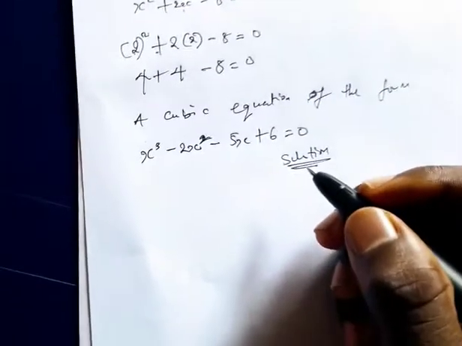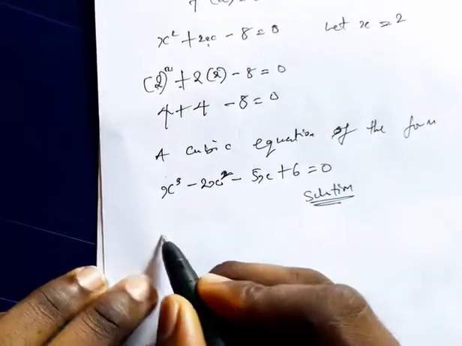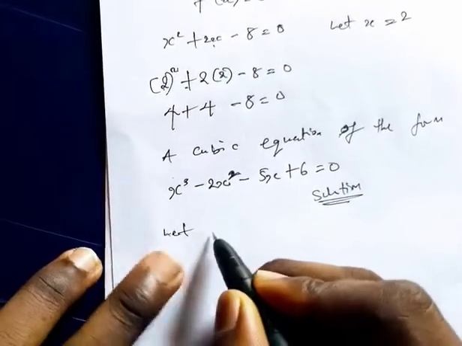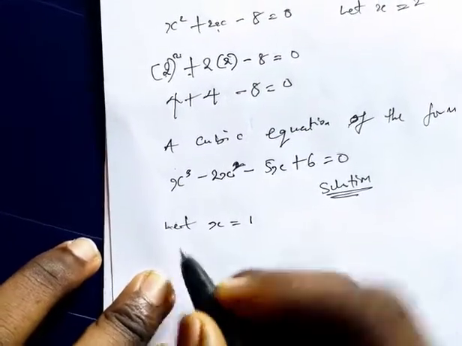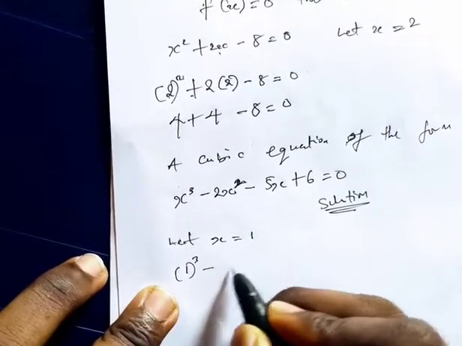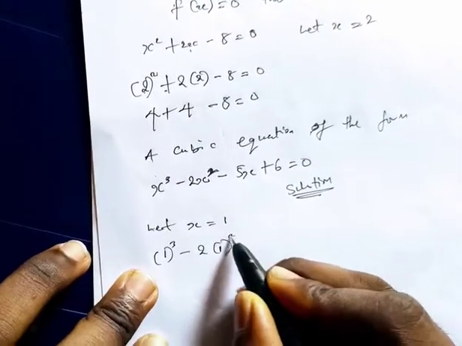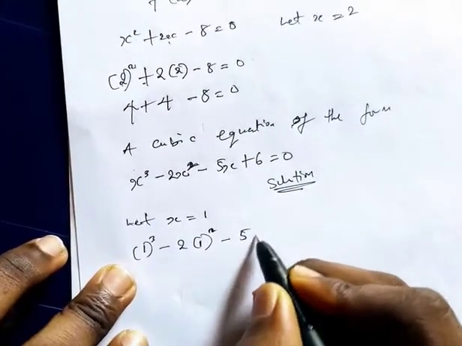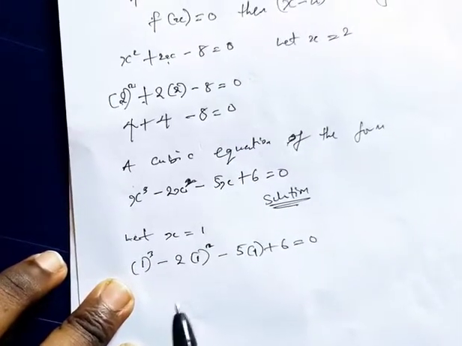Now we start by inputting a positive number for x. Let x be equal to 1. So if x is equal to 1, I will have 1 cubed minus 2 times 1 squared minus 5 times 1 plus 6 being equal to 0.